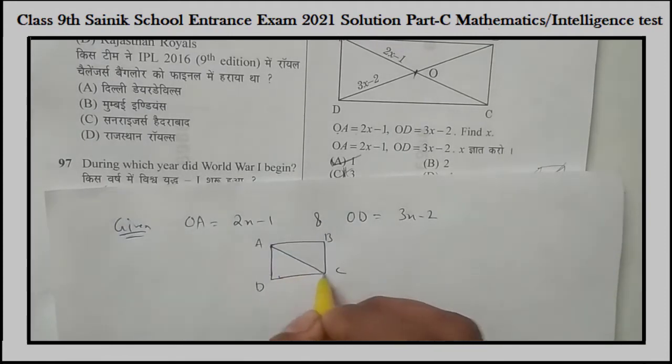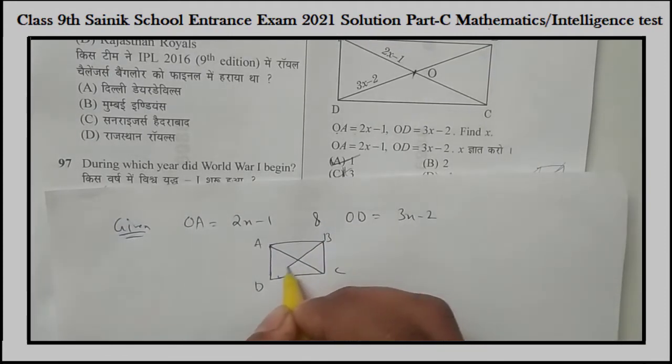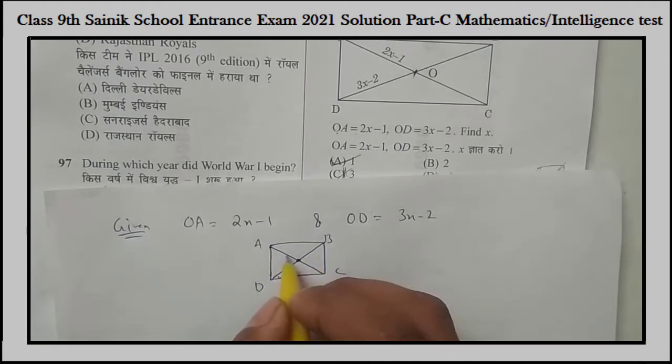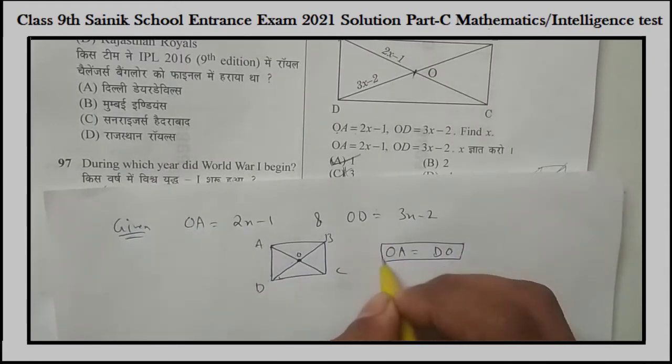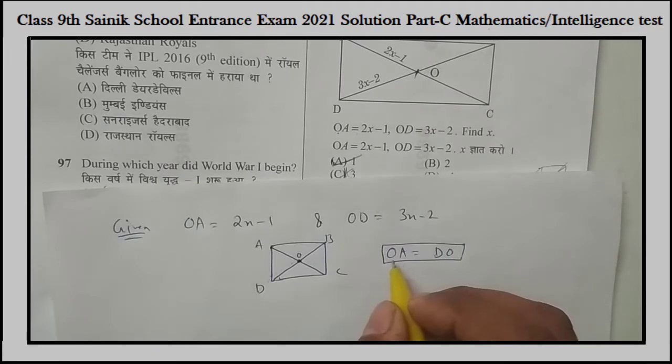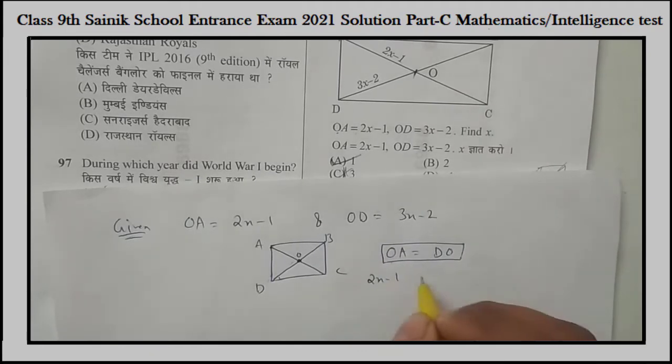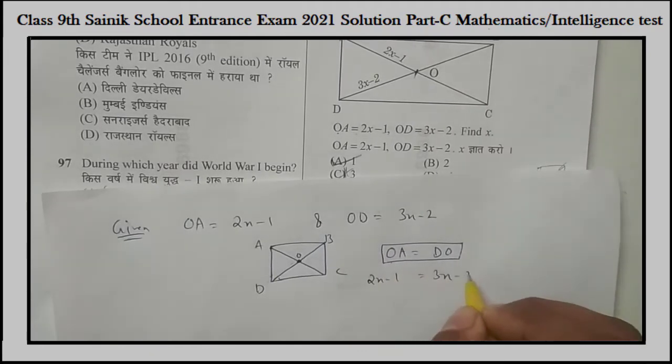We already know that the diagonals AC and BD of a rectangle bisect each other, okay? So OA will be equal to DO, and hence we will put the value of OA here, 2x minus 1, and OD here, 3x minus 2.